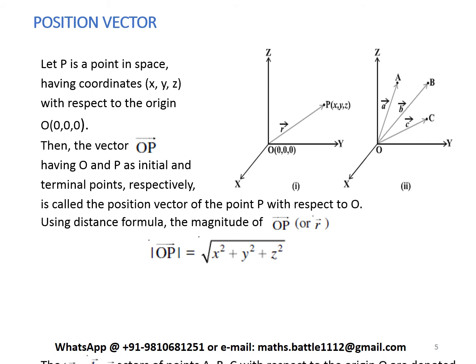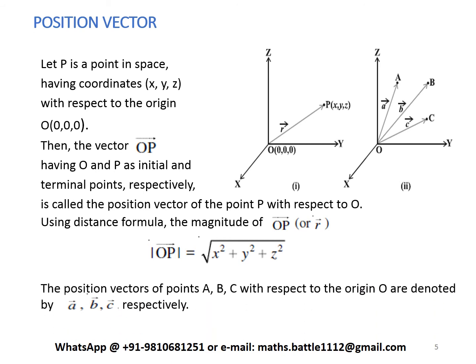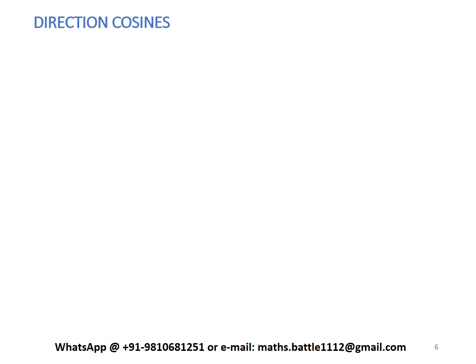Simple distance formula. The position vectors of points A, B and C with respect to the origin O are denoted by vector a, vector b and vector c respectively.